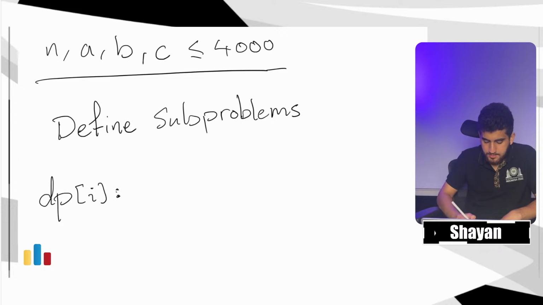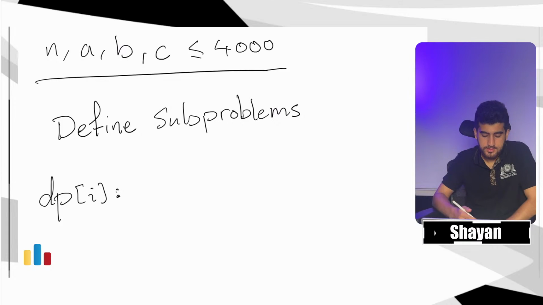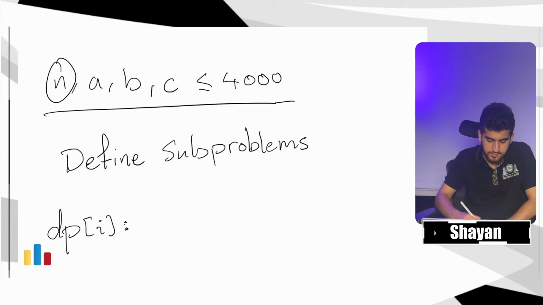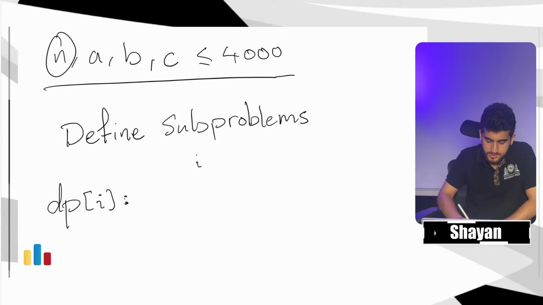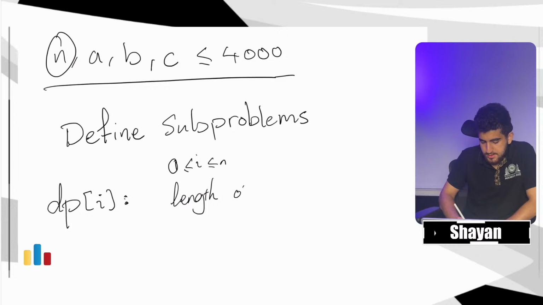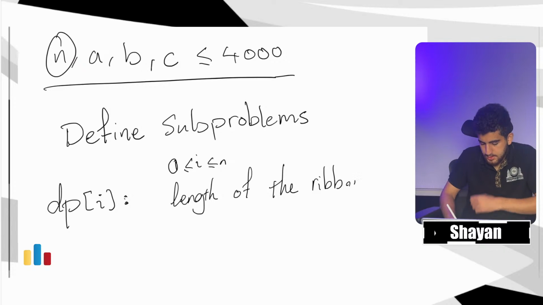The subproblem for I, instead of solving it only for n, let's solve it for every I from 1 to n or from 0 to n. dp of I means the maximum pieces if the length of the ribbon is I.